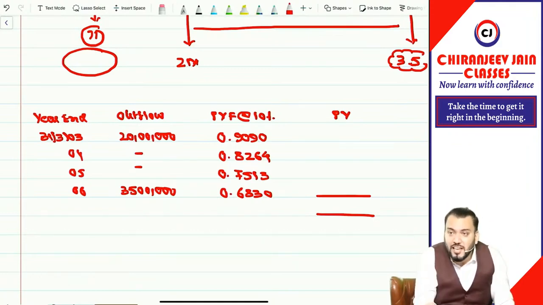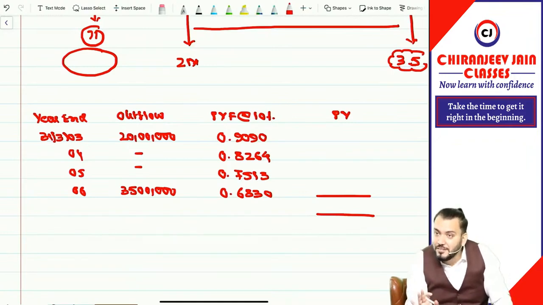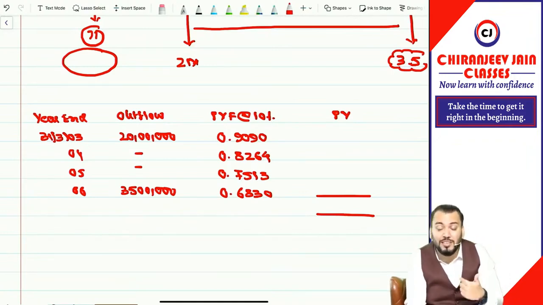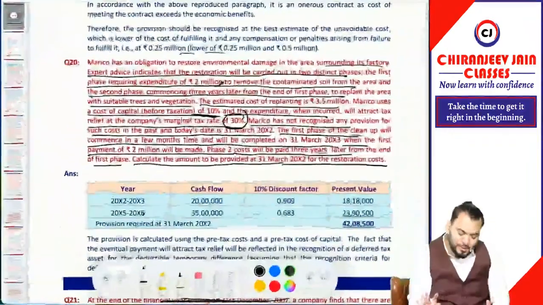But if the question is silent, then calculate using 3 or 4 decimals, but whatever decimal you are using, just write it down. Got it? This point I will not repeat every time, because now accounting becomes discounting. In every chapter we'll do discounting. Understood? Simple question.